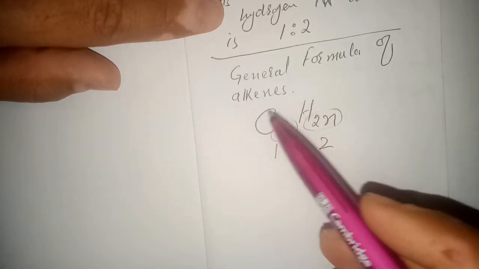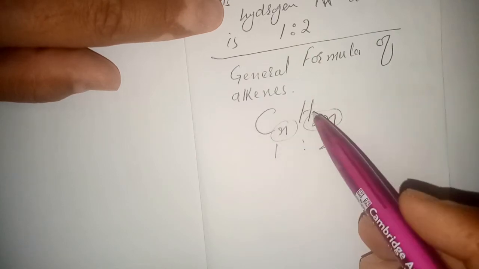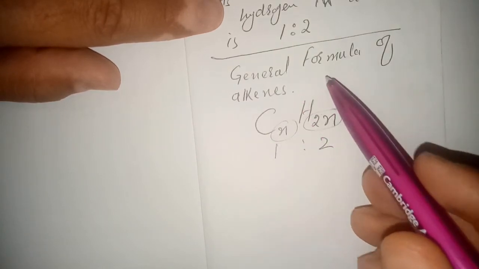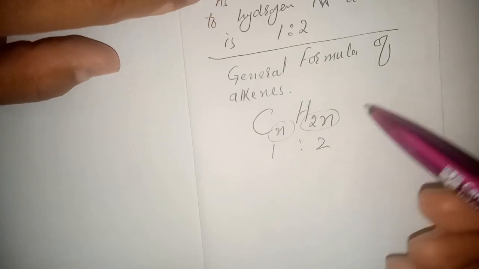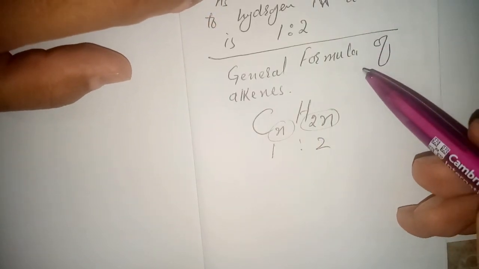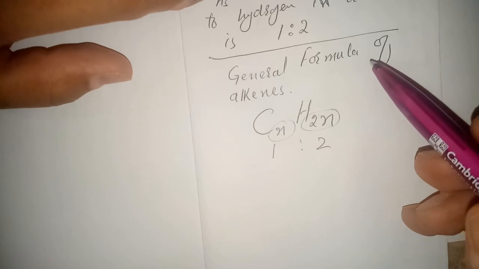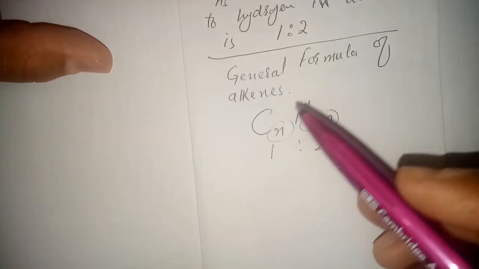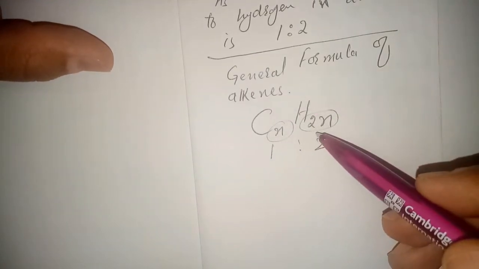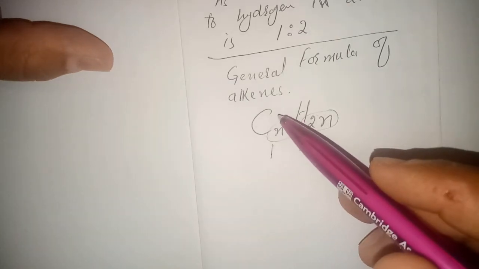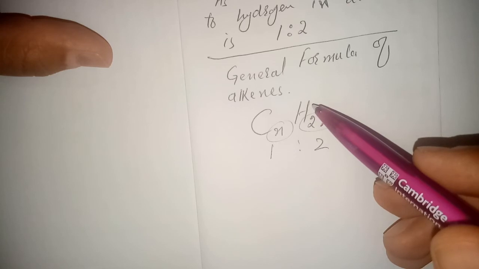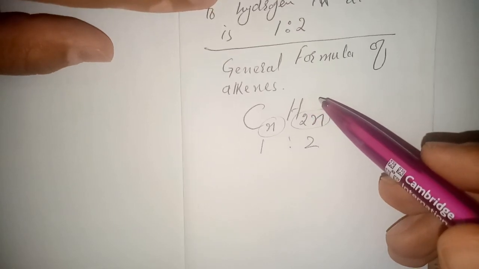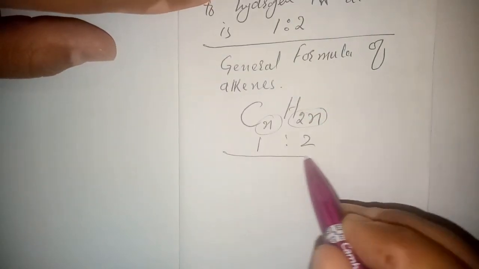Clear? So as the ratio of carbon to hydrogen in the general formula is also the same, that is why all alkenes have the same empirical formula, that is 1:2. Hydrogens are always double the carbon atoms in that molecule. Okay, so hopefully you understand it.